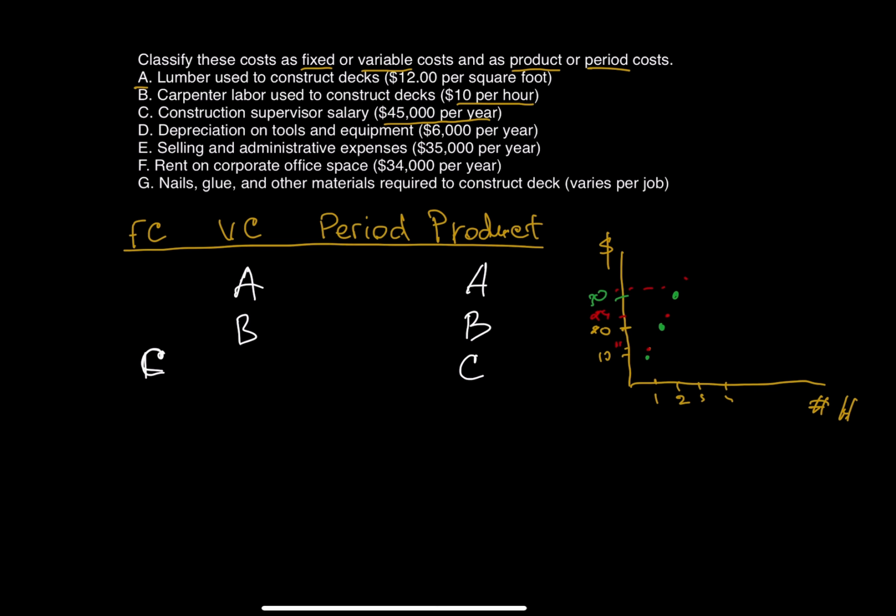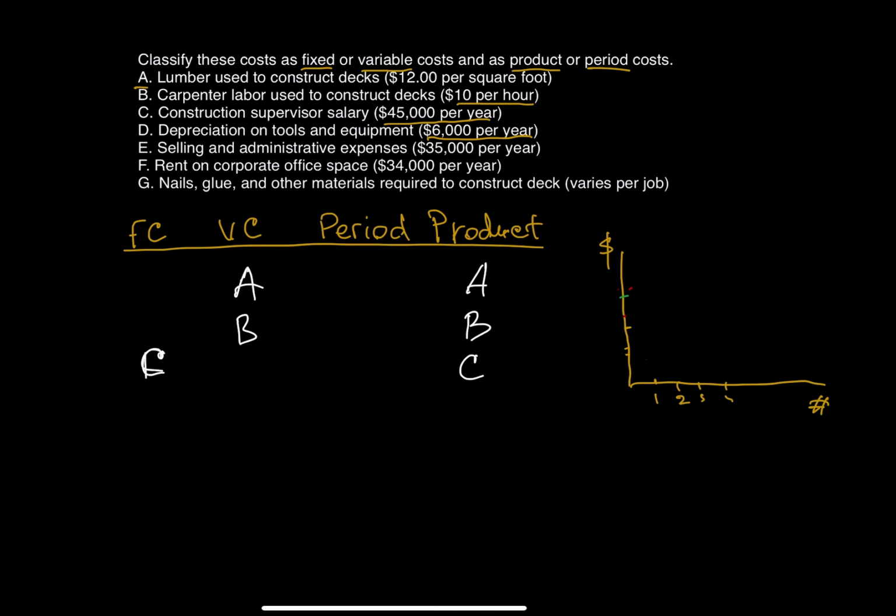Next, it's D, depreciation on tools and equipment. Depreciation is $6,000 per year. Let me erase this one right here and construct another one. So here what does it say?